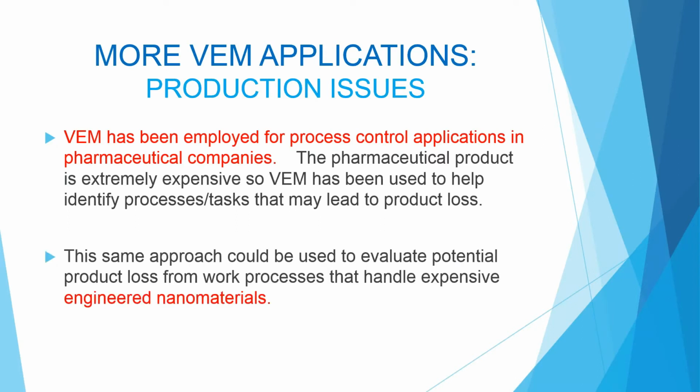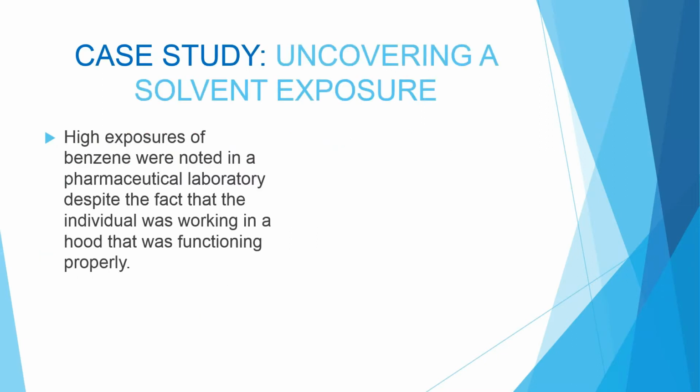When I heard about this, it reminded me of the same kind of thing with engineered nanomaterials. This stuff is expensive, and some of it is getting out of the production line. It's not just a health and safety issue. It's also an issue of concern to the company for financial reasons. They don't want to lose the product.